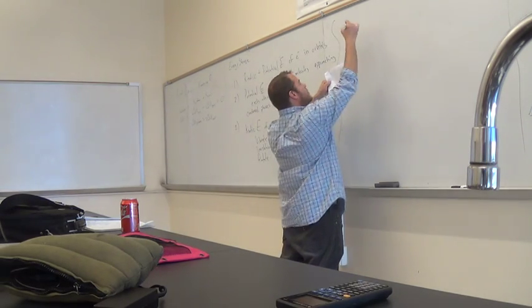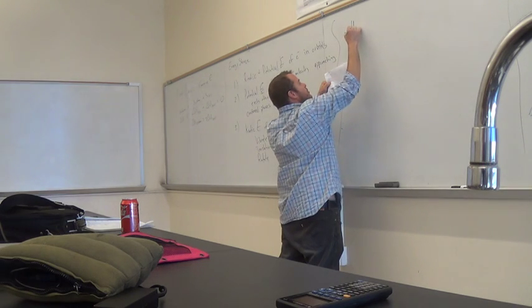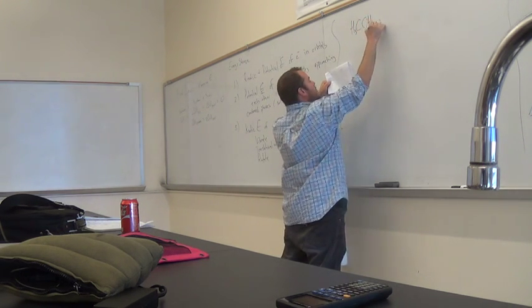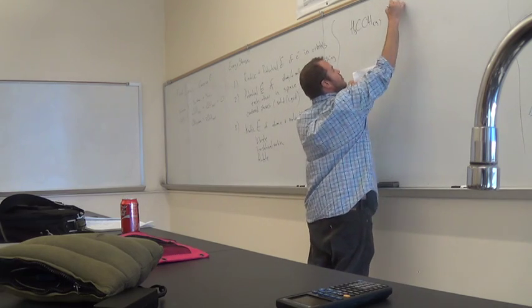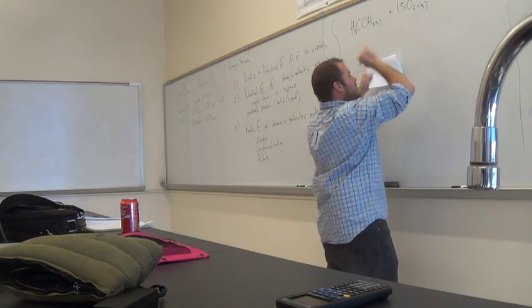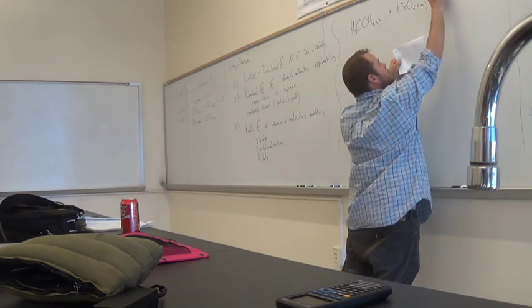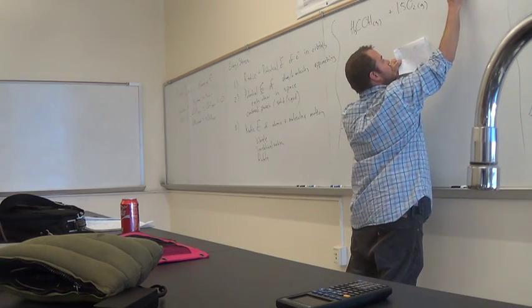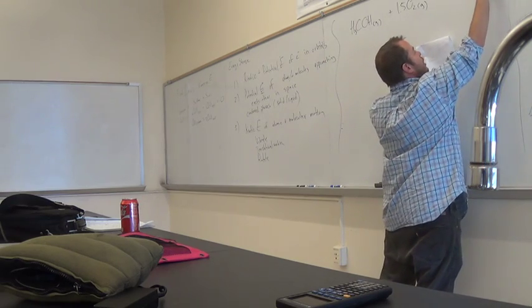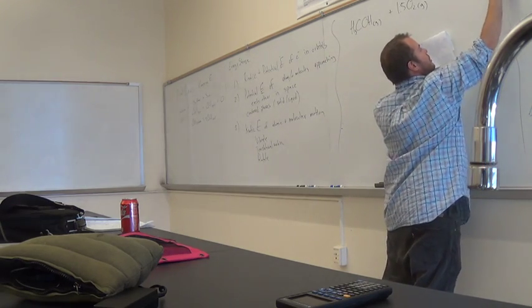Let's take this reaction, H3COH in the gas phase, plus 1.5 O2 in the gas phase, goes to 1 CO2 in the gas phase, plus 2 H2Os in the gas phase.